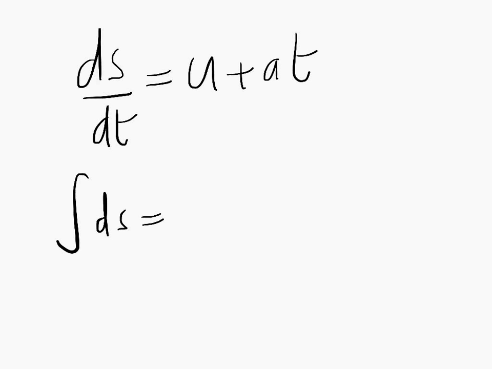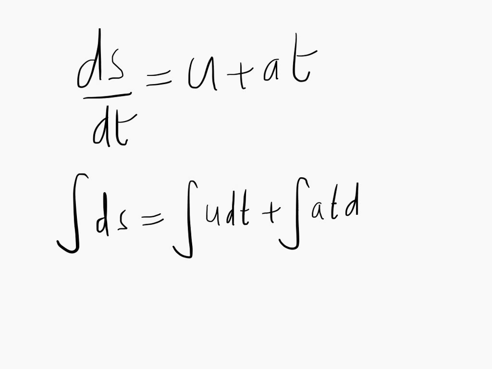Now, multiplying through by dt, that gives us the integral of ds equals the integral of u dt plus the integral of at dt. Now, if we integrate these, the integral of 1 with respect to s is just s.